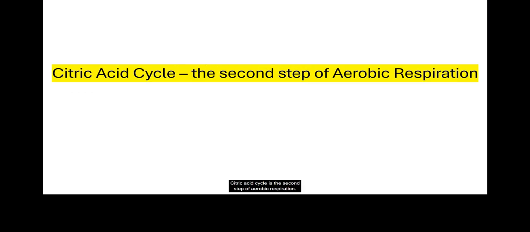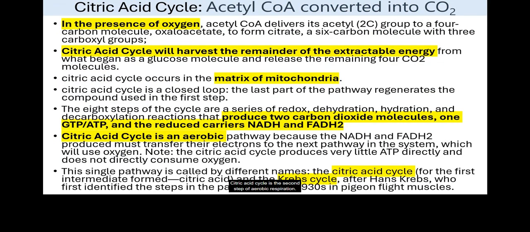Citric acid cycle is the second step of aerobic respiration. During this cycle, acetyl-CoA will be converted into carbon dioxide. And it will happen only when oxygen is present, of course.